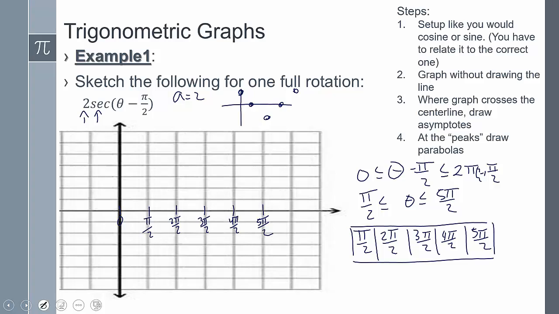So now I just go through and draw in what my cosine graph would be. Right? I followed it. Starts at the amplitude, crosses, goes below, crosses, starts at the amplitude. Starts at the amplitude, crosses, goes below, crosses, goes back to the amplitude.